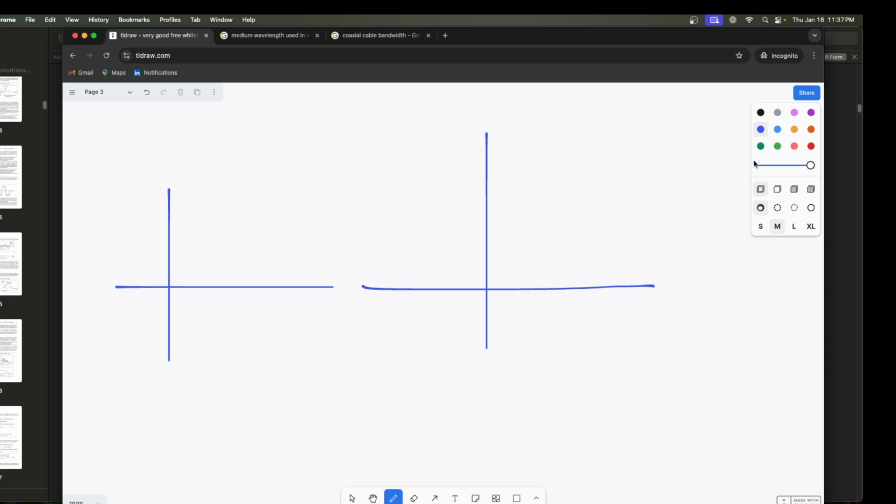Okay. So then this is, yeah, and then this will have different levels, right? This will have different levels. So these are different energy levels.